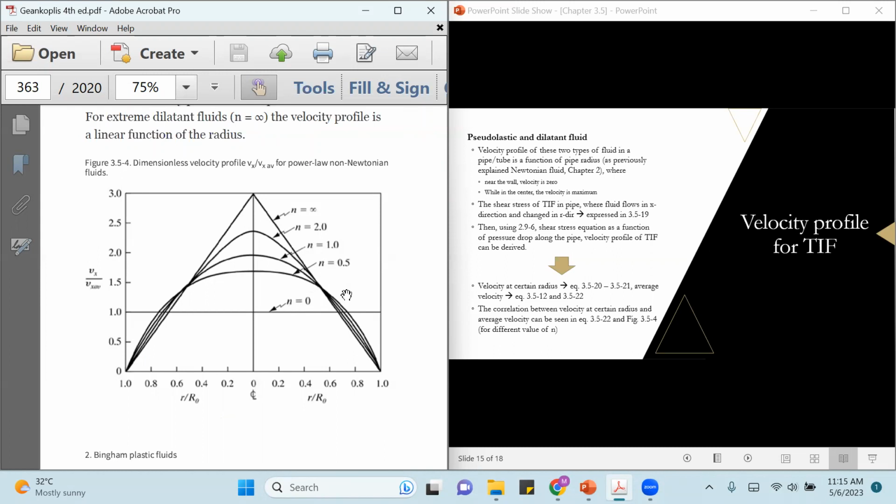This is n less than 1, so it's for shear thinning fluid, pseudoplastic. This is n more than 1, so it's for shear thickening fluid, dilatant.